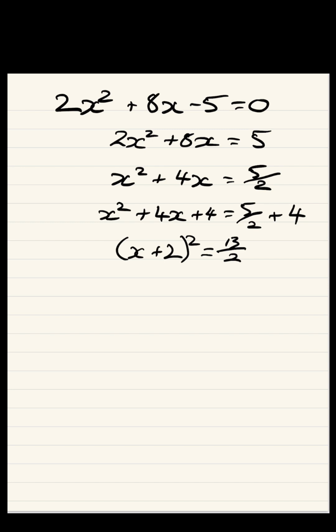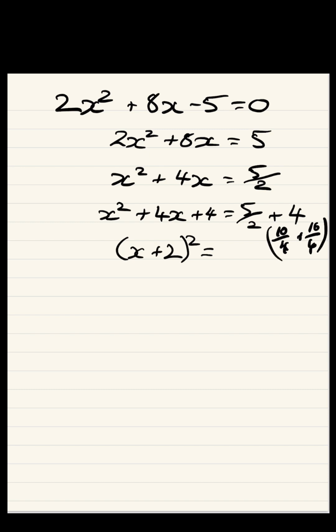Next, I want to find the square root. In fact, what I'm going to do, just to simplify it, is multiply it all over 4. So essentially I'm going to do 10 over 4 plus 16 over 4.